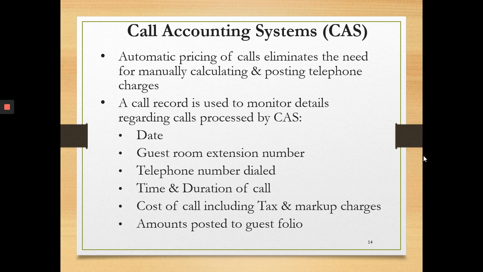It can record the date the call was made, the guest room extension number, the telephone number that the guest has dialed, the time and duration of the call, the cost of the call including tax and markup charges, and also the amount posted to the guest folio. These all will be visible in the guest folio. And the telephone operator does not need to manage this call directly for the guest.